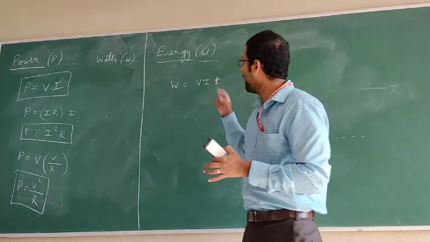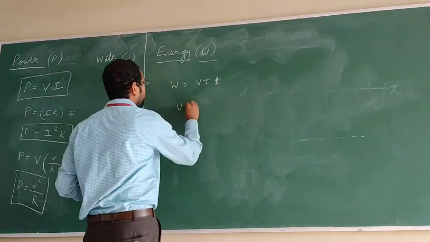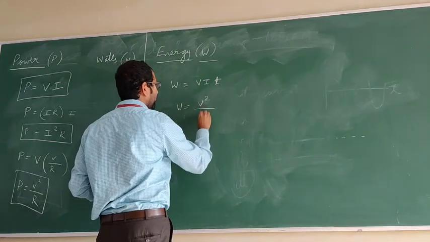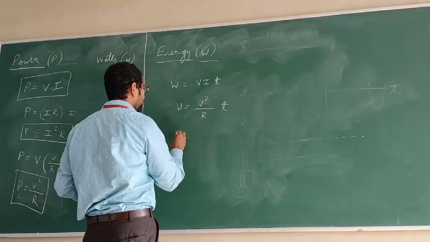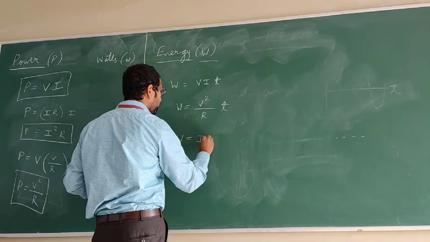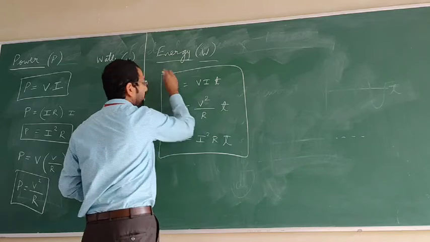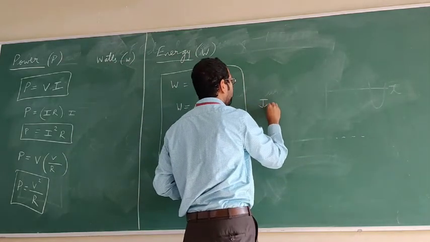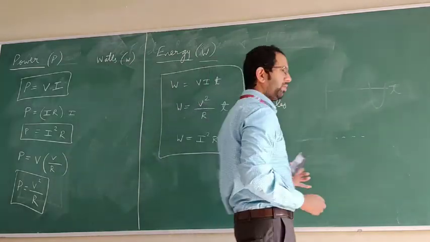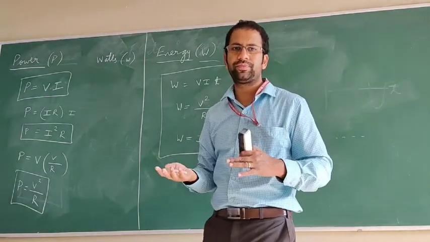That will be given by energy, which can be written as V square by R into T, or W is equal to I square R into T. All these formulas will be there, and the unit will be joules.